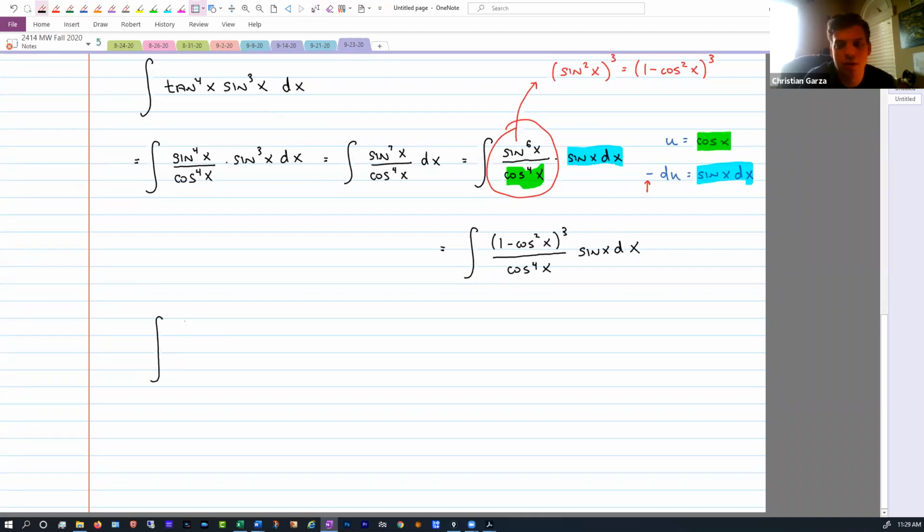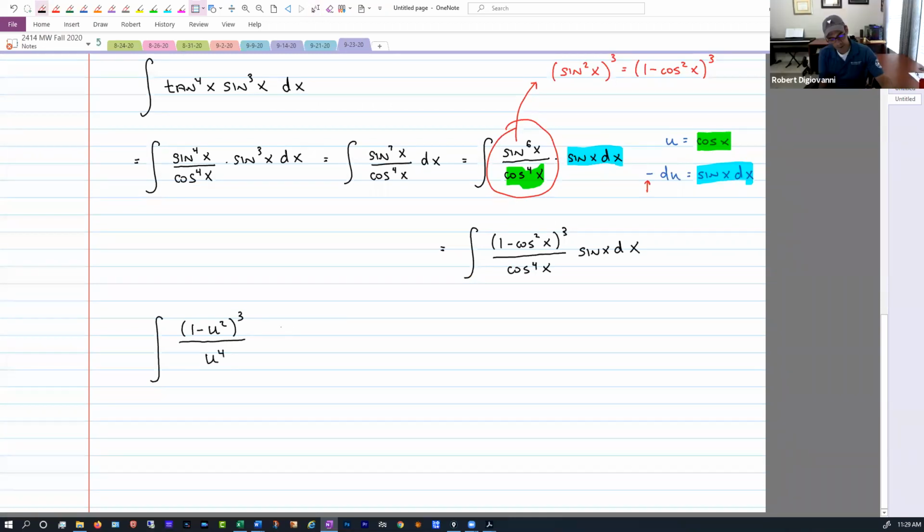It would be 1 minus u squared, parentheses to the 3rd power, and then over u to the 4th. And then the other part, sine x dx, is actually negative du. Oh, I'm sorry, the negative. Yeah. Okay, so that's where we'd be, right?